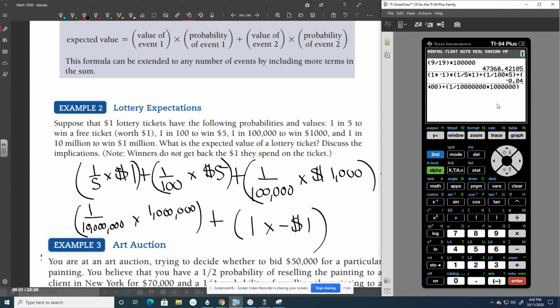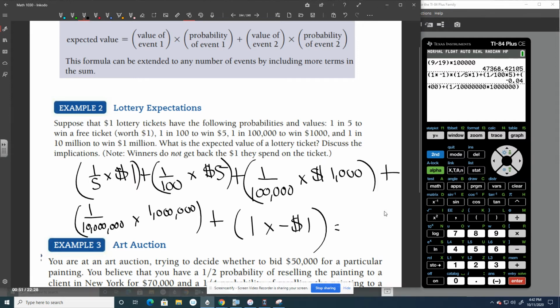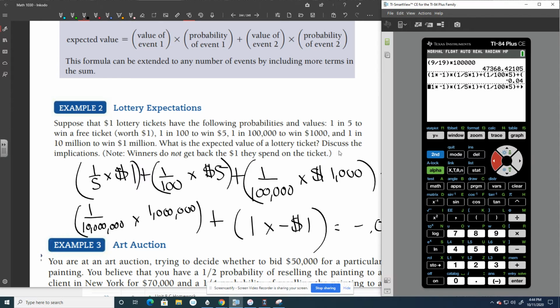Okay, so my expected value is going to be negative. I can expect to lose 4 cents. That would be my expected value.